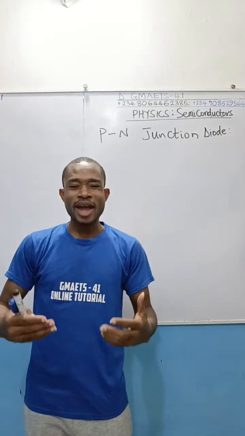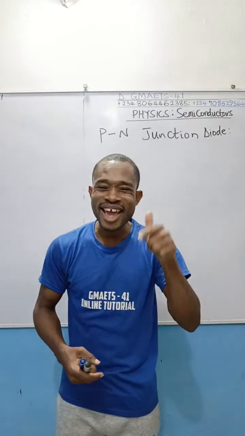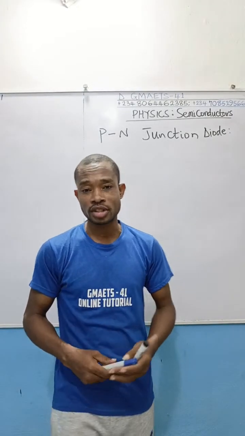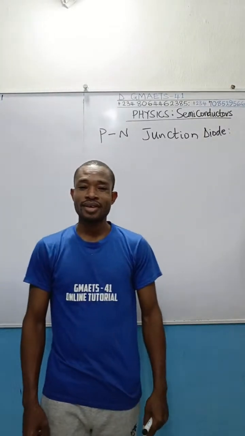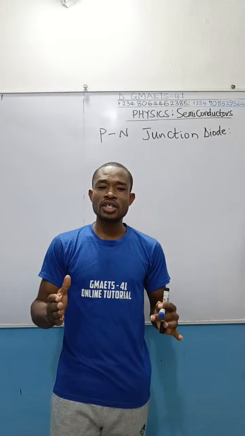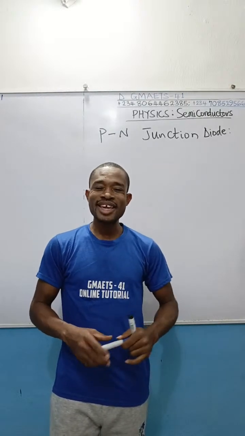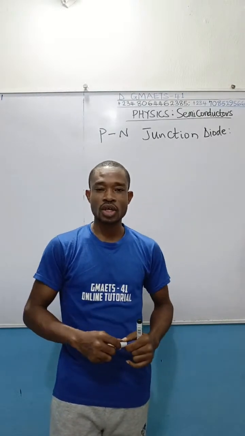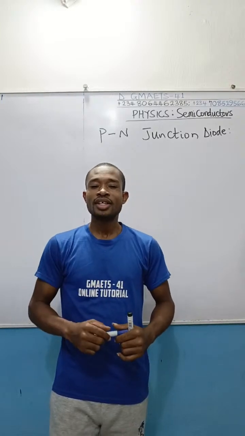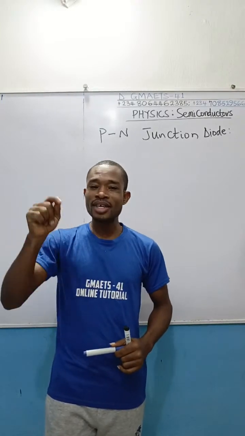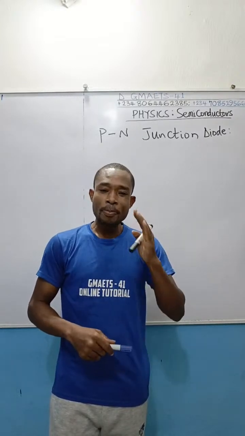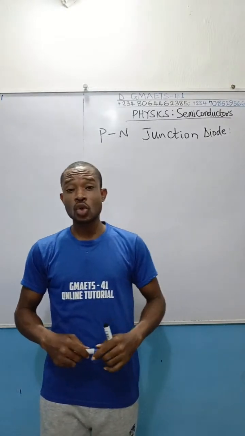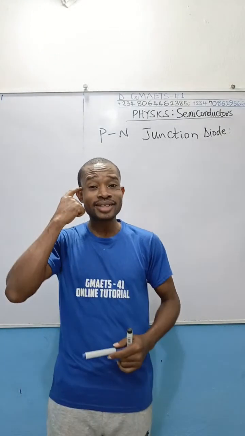So we start first by asking this question: how is a P-N junction diode formed? A P-N junction diode is formed when a P-type semiconductor is joined to an N-type semiconductor. A P-type semiconductor is joined to what? An N-type semiconductor.